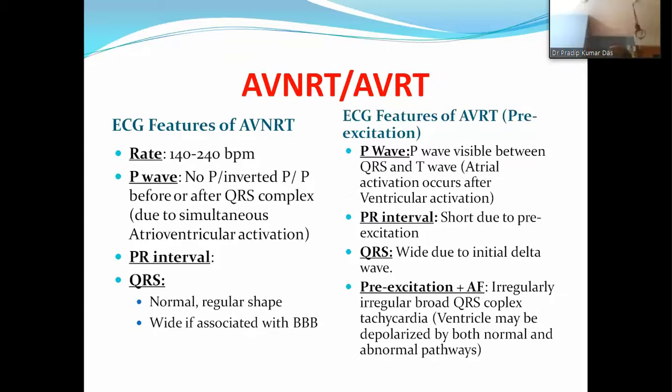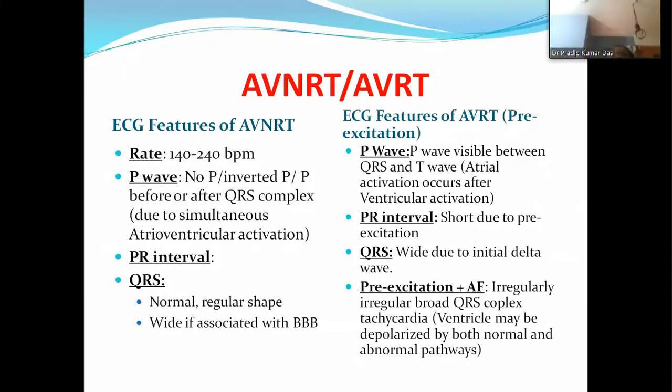QRS is normal and regular in shape, wide if it is associated with bundle branch block or aberrant conduction. And in case of AVRT, that is pre-excitation, the P wave is visible between the QRS and T wave, because atrial activation occurs after ventricular activation.